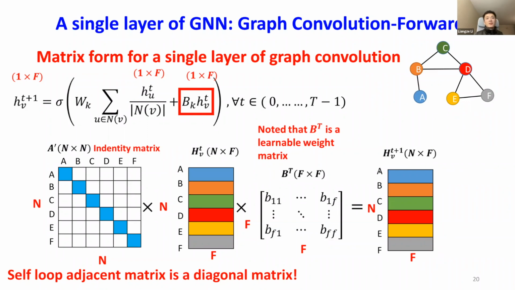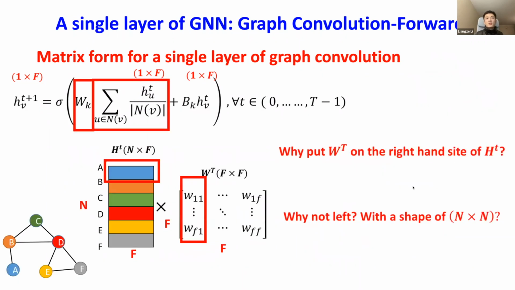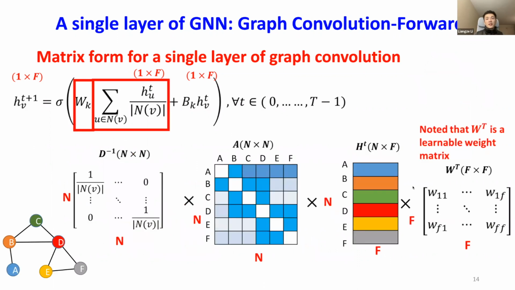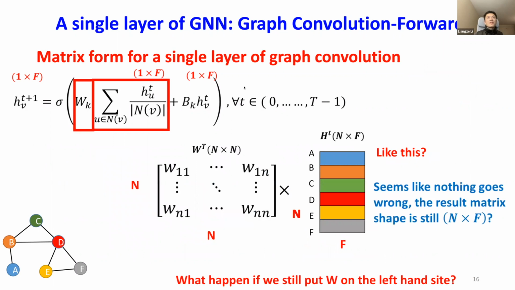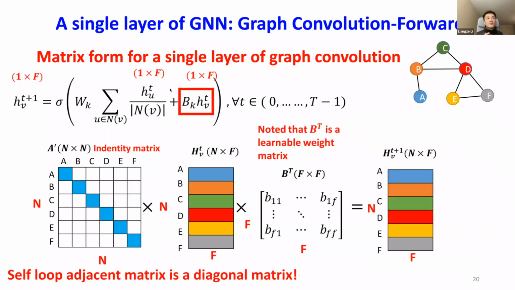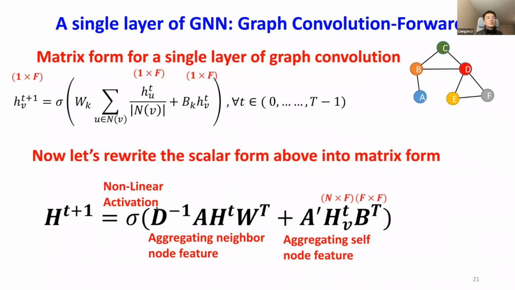And the last step, this step, also produces a matrix of n times f, right? So it turns out that these dimensions match, and we just add them together to be a large matrix of n times f. And then we apply some sort of nonlinear activation to the resulting matrix and call that the next time step representation of this graph, right?